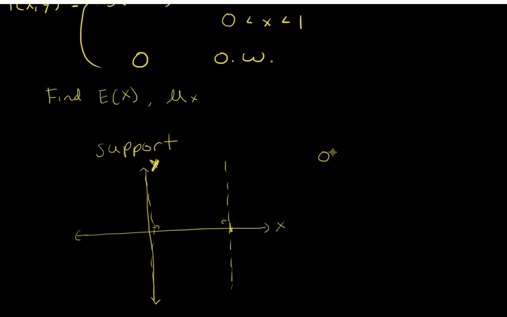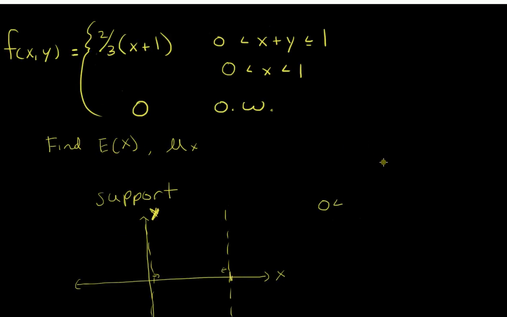Then we have 0 is less than x plus y. Usually when we graph lines, we solve for y, so let's subtract x from both sides. We end up getting negative x is less than y.